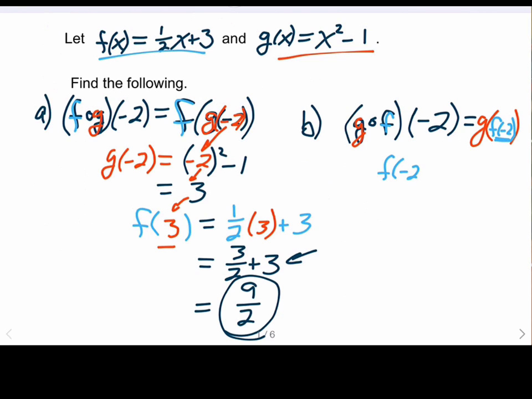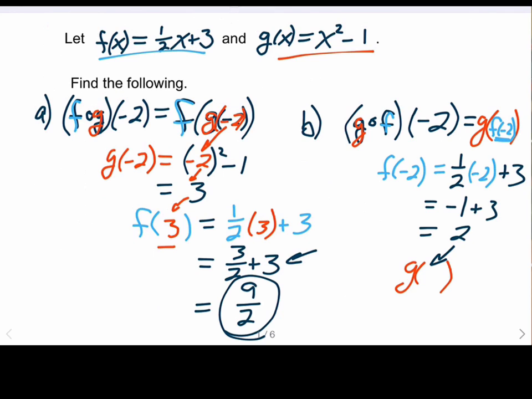So f of -2 is what we get when we take 1/2 of -2 and then add 3 to it. So that's going to be -1 plus 3, and so 2. Now we're going to take that 2 and put it into g. So g of 2 is equal to 2 squared minus 1, and so 3.